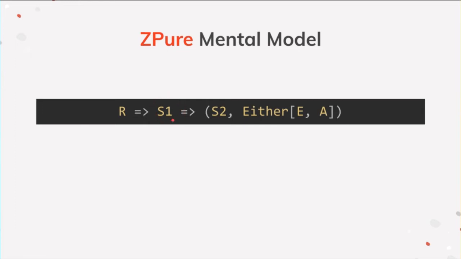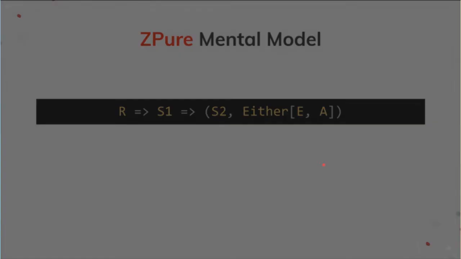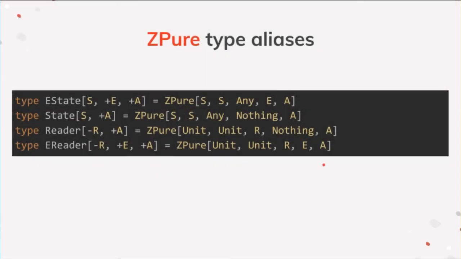So ZPure, if you look at the source code on GitHub, you can see that ZPure has some type aliases. For example, if you want the state monad, it's just a ZPure which has an S1 of type S, S2 of the same type S, doesn't require any context, any R. That's why here we have this Any.